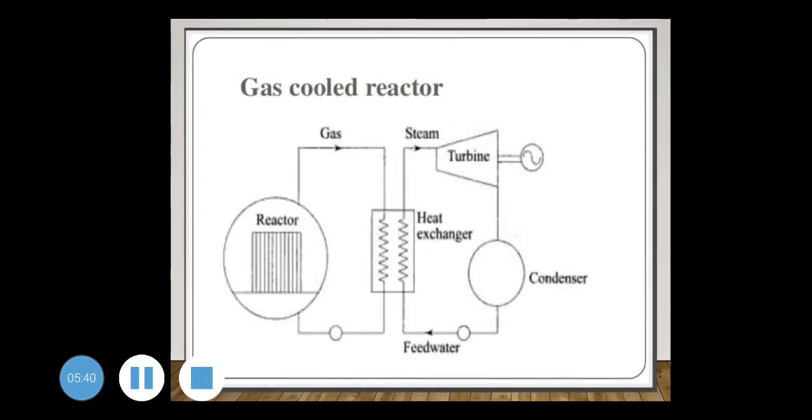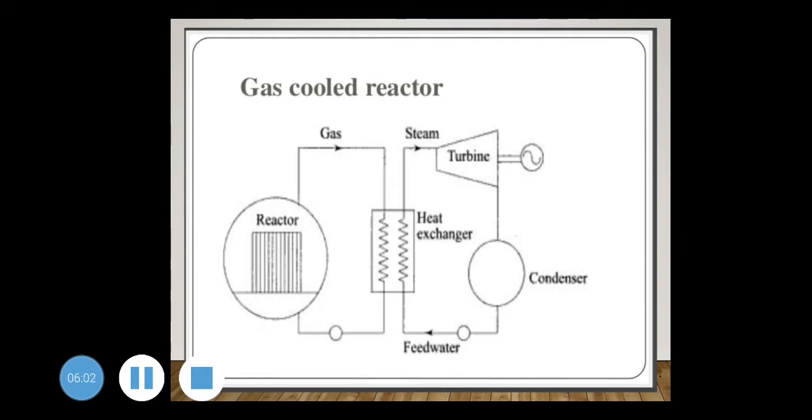Now the gas cooled reactor, that is GCR. GCR is a nuclear reactor that uses graphite as a neutron moderator and carbon dioxide as the coolant.